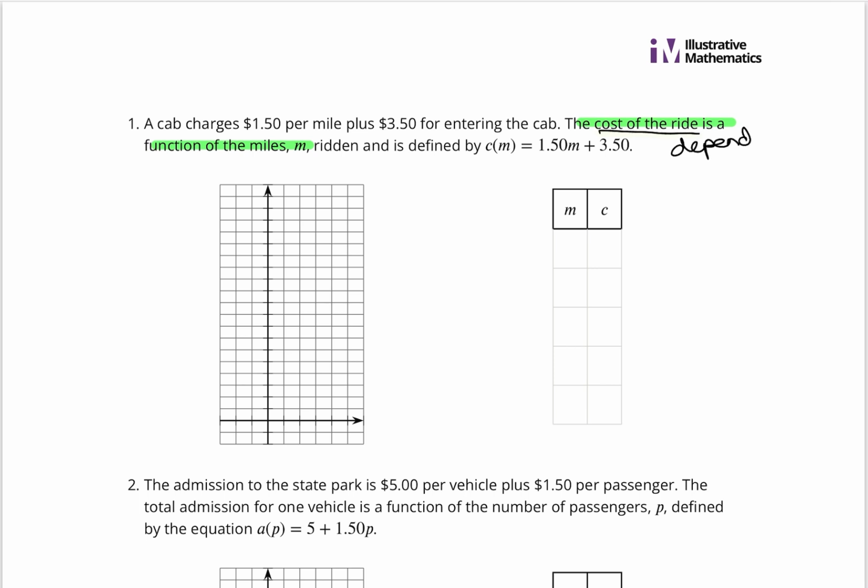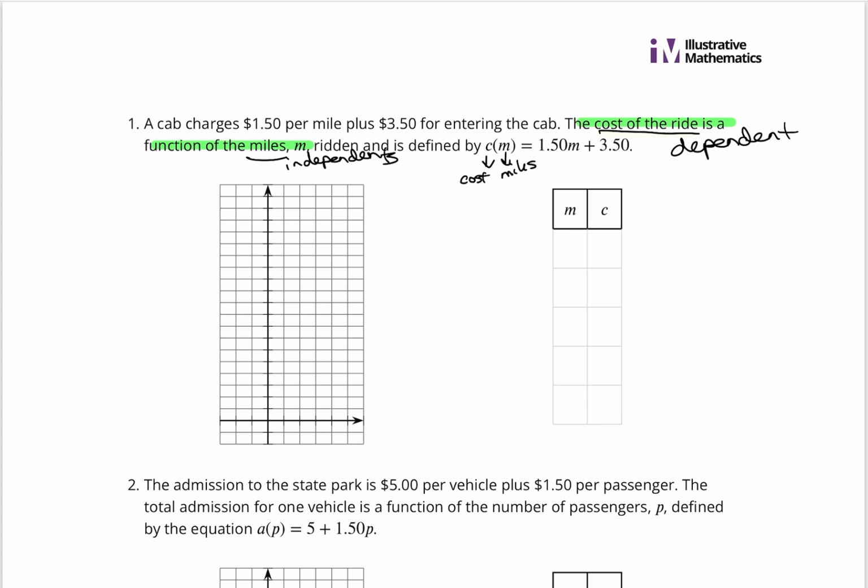And the dependent variable is a function of the independent variable. So the cost is a function of miles, and the miles are the independent variable. So the independent variable gives us our input, which makes sense because in C(m), C is the cost, the output is the cost, and our input is our mileage.